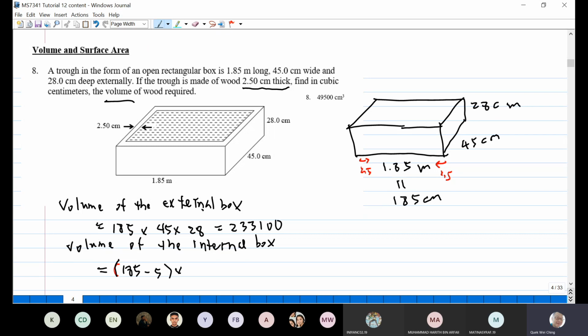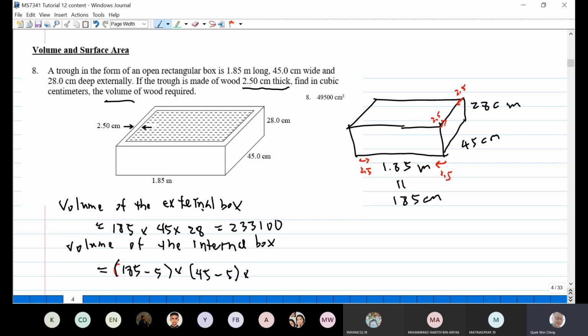This is for the length. You also have to find the width. The wood is 2.5 cm, so you have to go in 2.5 cm on each side. So the width now is 45 minus 2.5 cm times 2, which is 5.